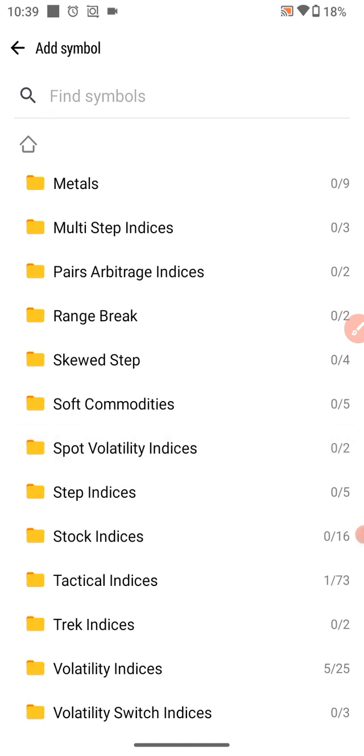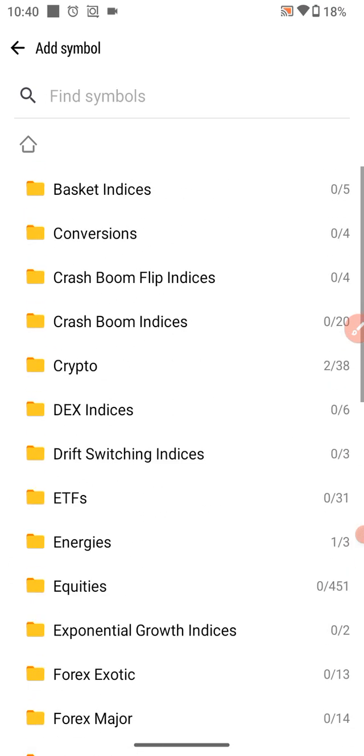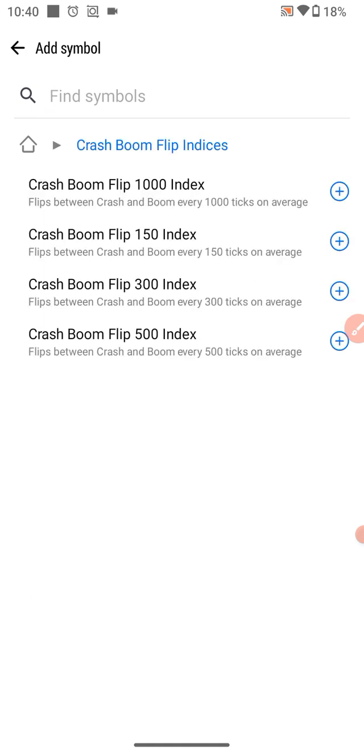I do not believe in volatility indices for some reasons. I see many indices here, but I do not know which one to go with. But now I see Crash Boom Flip 1000 index, Crash Boom Flip 150 index, Crash Boom Flip 300 index.